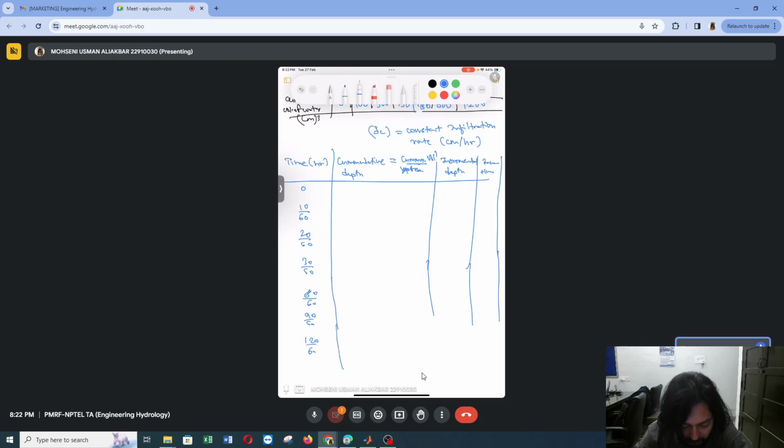Then we can calculate the value of area, and we can get cumulative depth, right?